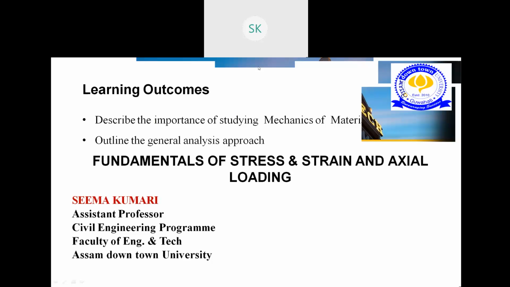External loads can be axial, torsion, transverse, or a combination of axial and torsional. Then we'll find out the stresses and strain on those members and decide how the structural performance is, whether it failed, whether the structure could resist all the loads.